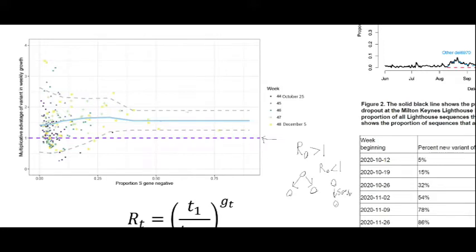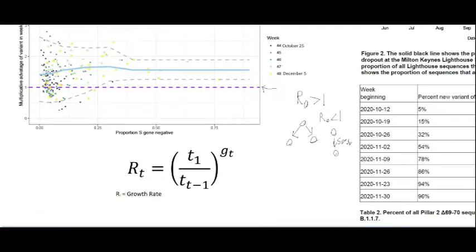And so this is kind of doing the same thing, where it's using this formula here, where it's looking at the number of viruses with that sequence found this week, and dividing it by the number of cases of it last week, and getting this R_t here.